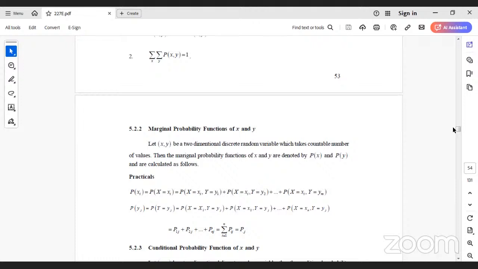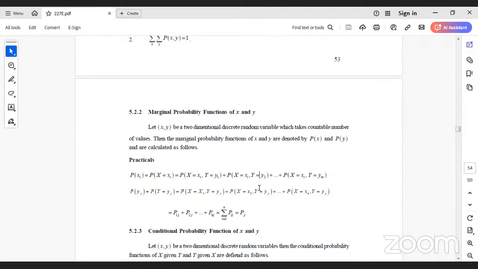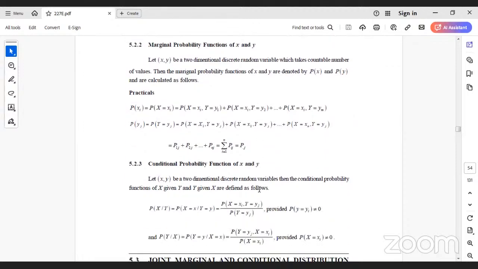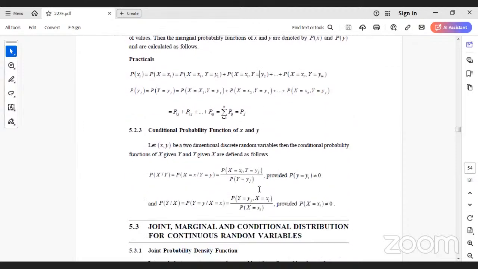Taking Y = yj, we write p1j plus p2j plus p3j plus p4j plus pnj, the summation over i from 1 to n of pij, that is p(yj). Then we take the conditional probability function of X and Y.